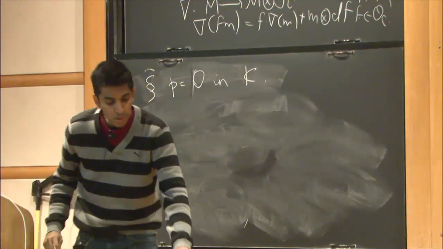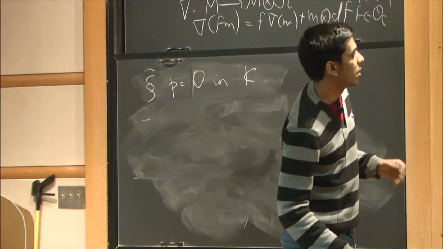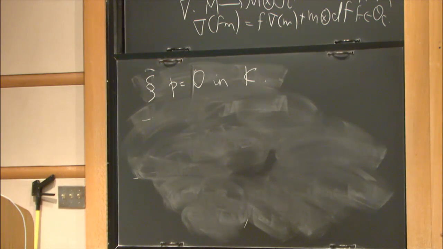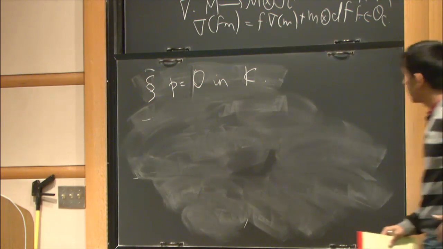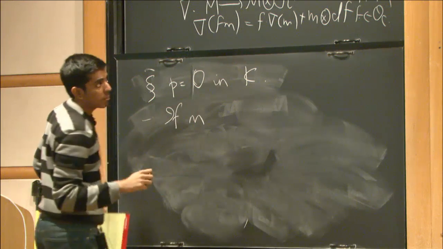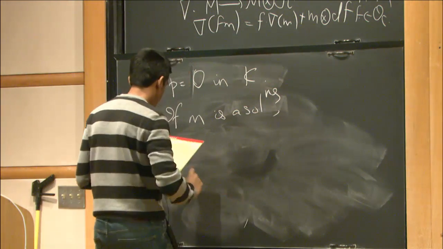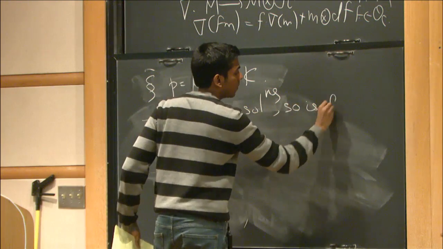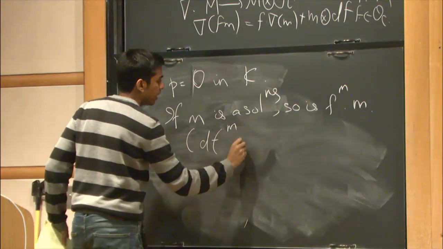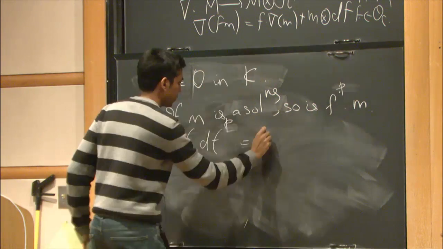Then first of all, you will end up having many more solutions. Note that if m is a solution, then nabla of f times m is going to be m tensor df. So in particular, if your function happened to be a pth power, then df is going to be 0, and this is because d of f to the p is 0.